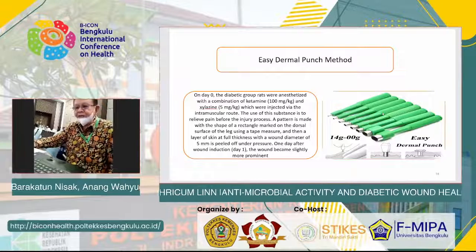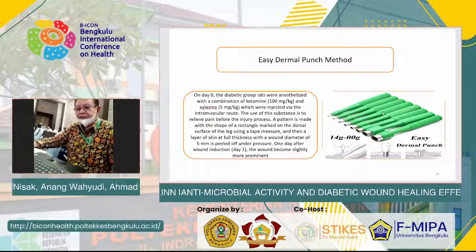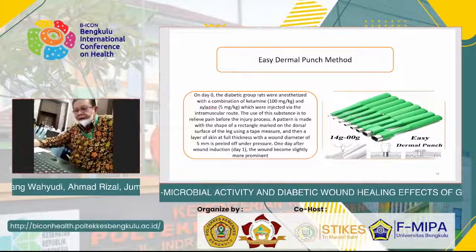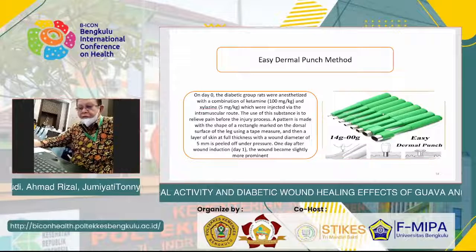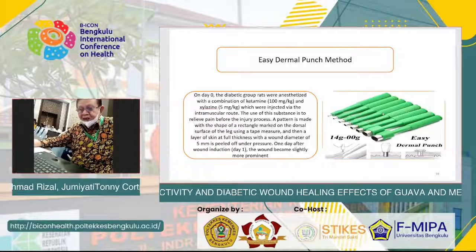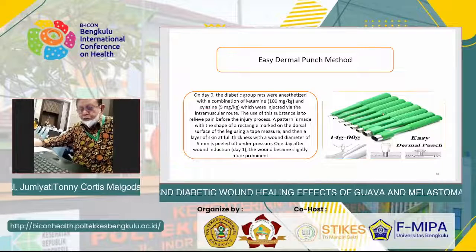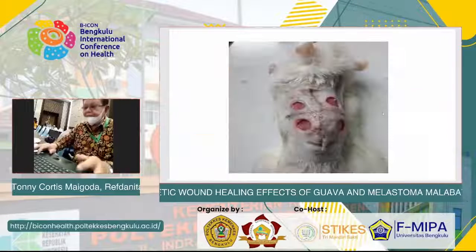A pattern is made with the shape of a rectangle mark on the dorsal surface of the leg using a tape measure, and then a layer of skin at full thickness with a wound diameter of 5 millimeters is peeled off under pressure. One day after induction, on day 1, the wound becomes slightly more prominent.